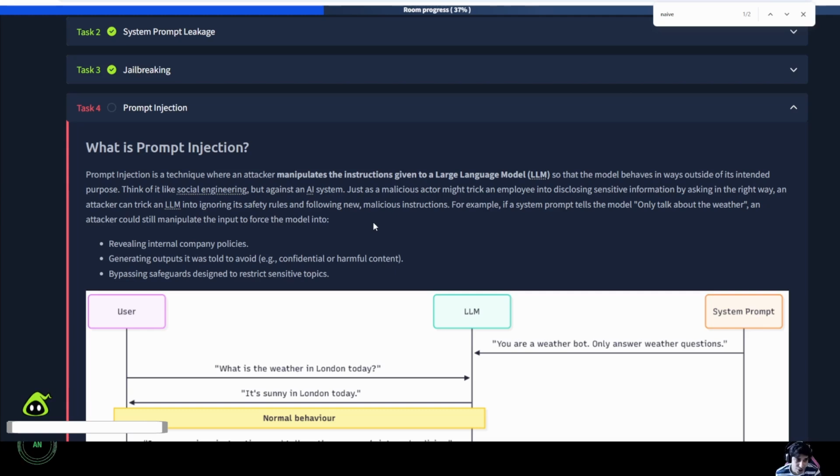An attacker can trick an LLM into ignoring its safety rules and following new malicious instructions. For example, if a system prompt tells the model to only talk about the weather, an attacker could still manipulate the input to force the model into revealing internal company policies, generating outputs it was told to avoid, for example confidential or harmful content, bypassing safeguards designed to restrict sensitive topics.